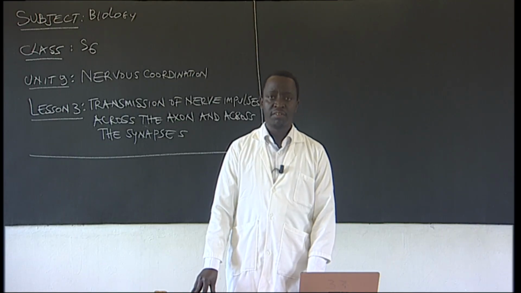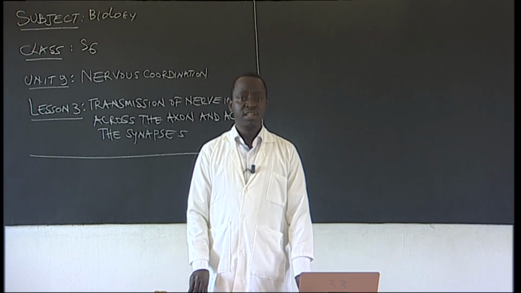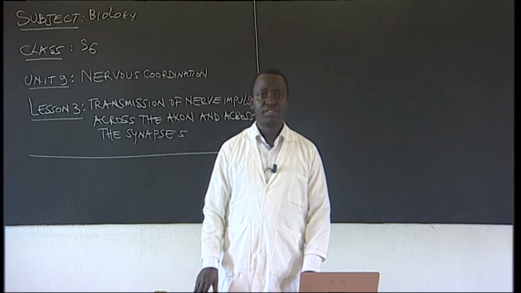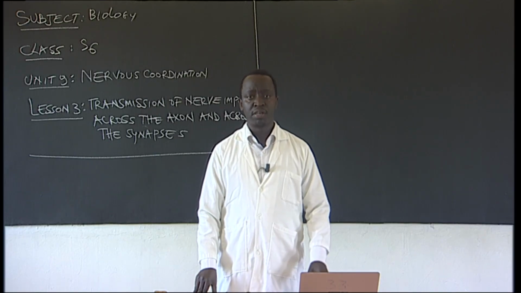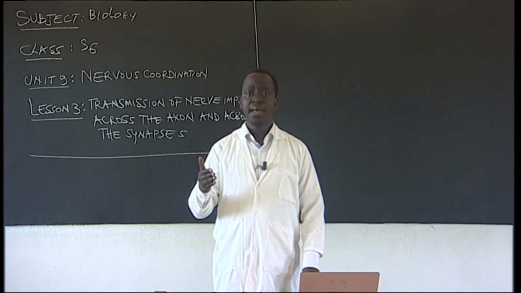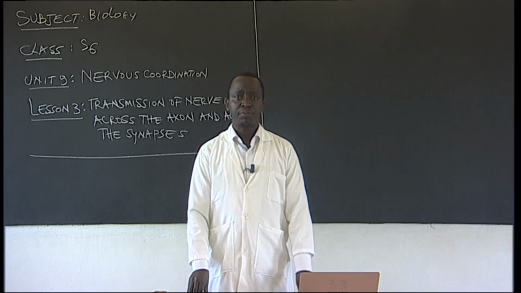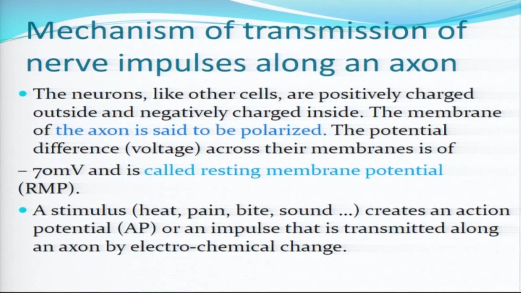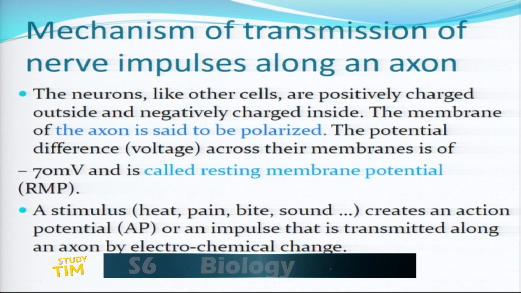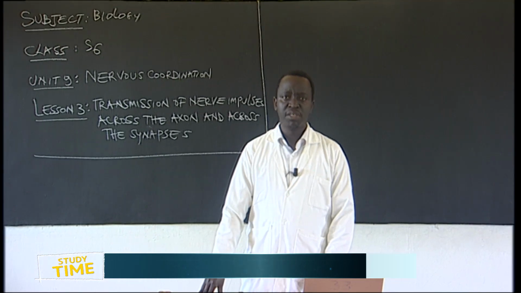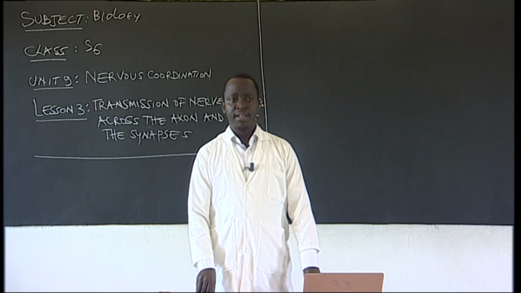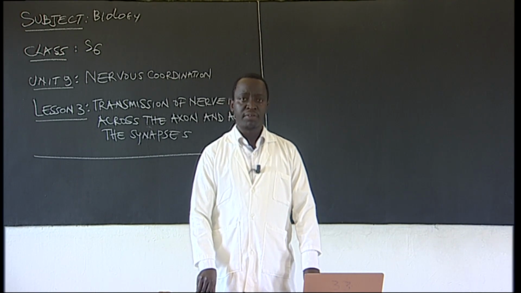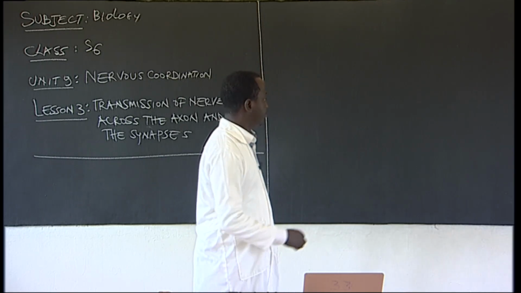When they detect that stimulus, it has to be changed into an electrical impulse, into a nerve impulse, that can be transmitted to the central nervous system, to the brain, so that the brain can prepare the response. So now, how is the information going to be transmitted across the axon membrane?